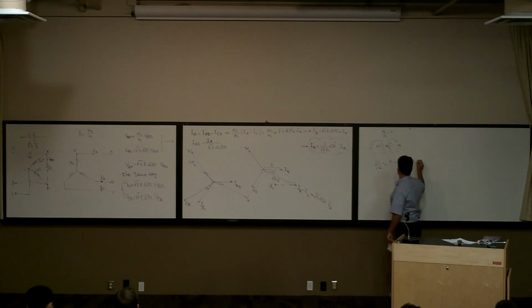V1 is equal to K V2. And we said I1, I2. N1 I1 is equal to, we said I1 over I2 is equal to N2 over N1. So basically this is 1 over K. I1 is 1 over K, I2.